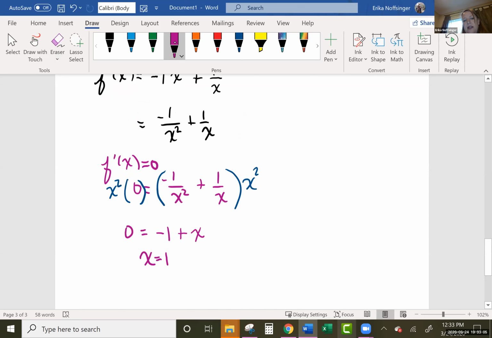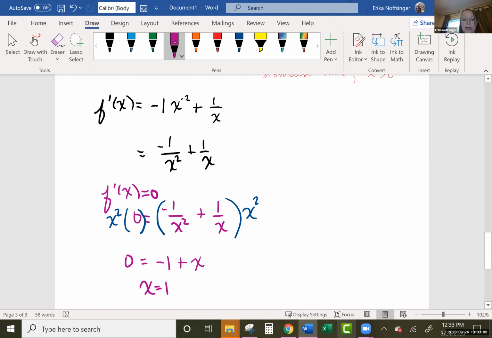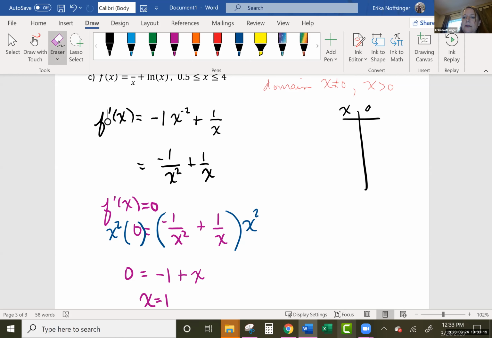Okay, so we got a critical number where our slope is equal to 0, where a max or min could occur. We want to plug our values into our original function, f of x, to see what our y values are.